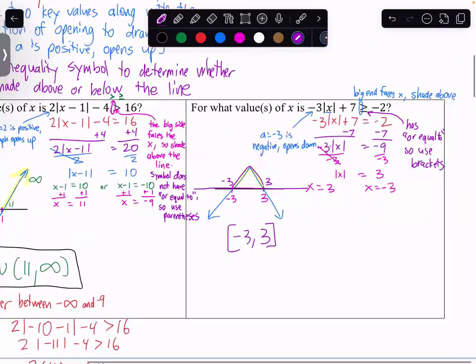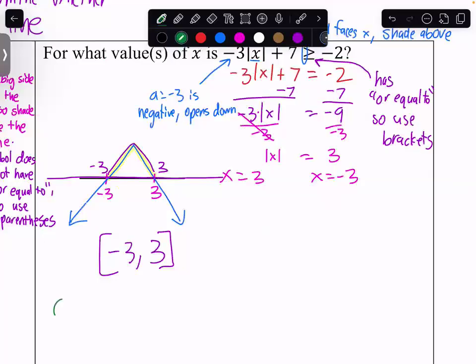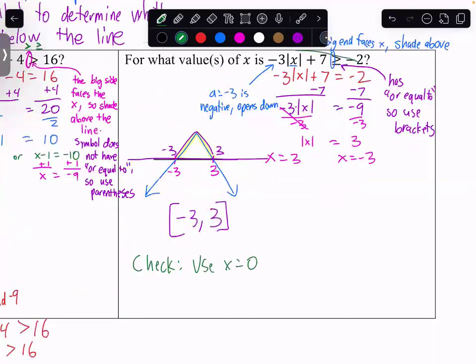Okay. So again, we can check by picking any number between -3 and 3. I'm just going to check 0, right? 0 is between -3 and 3. So I go all the way back to the beginning and I replace x with 0.